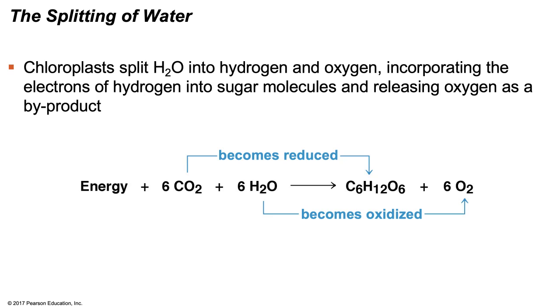But do note and be able to answer the question of what happens to water during photosynthesis. Is it becoming oxidized or is it becoming reduced? What about the organic molecule? Was that reduced? Does it become oxidized? So this would be the cellular reaction for that.